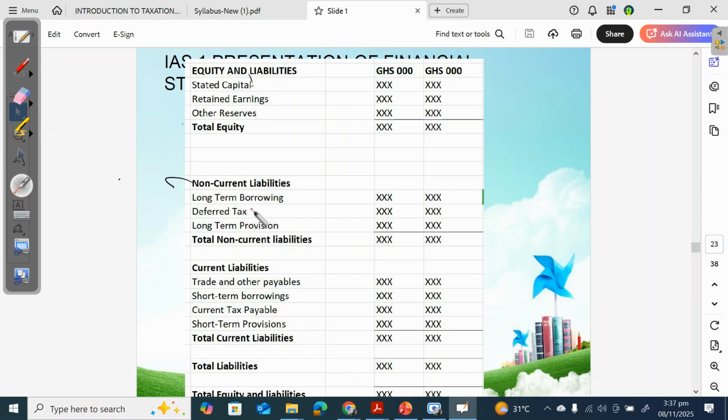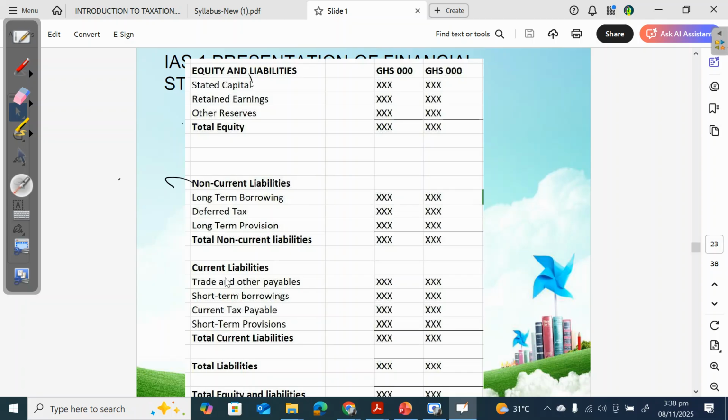Deferred tax: there's a standard for taxes. Long term provision: there's a standard for provisions. It's called IAS 37. Yes, correct. Thank you. There's a standard for it.